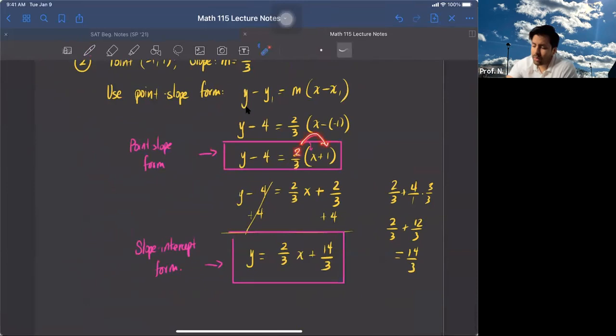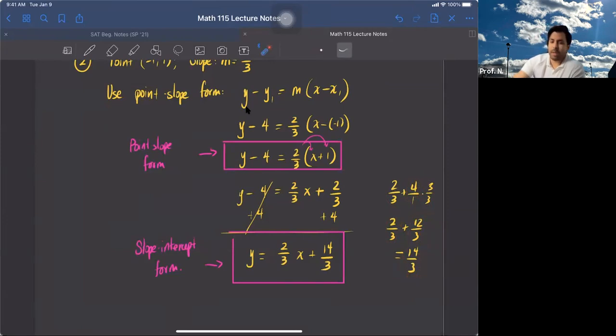So 2/3 ends up over here on the right as well as in front of the x. I want to get y by itself, so we add 4. And then we're just adding 2/3 plus 4 again with this same denominator business, right? So we make them the same by multiplying by 3 over 3 on numerator and denominator. So then this 4 becomes 12 over 3. 2/3 plus 12/3 becomes 14 over 3.